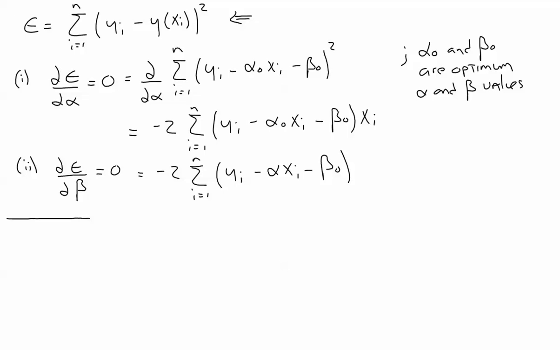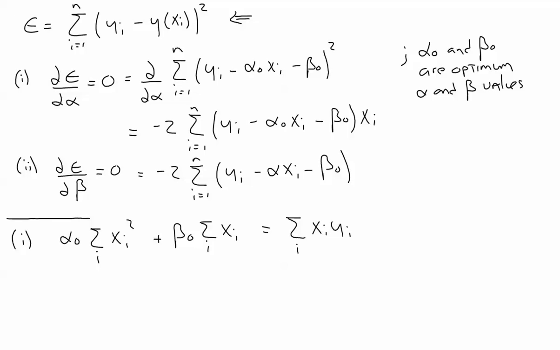Equation 1 becomes alpha naught times summation over i of x sub i squared plus beta naught times summation over i of x sub i, and that will equal the summation over i of x_i y_i.